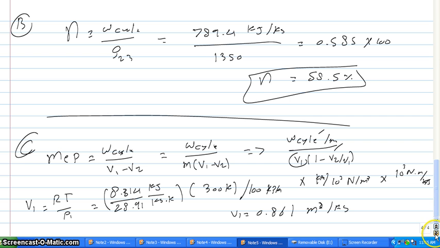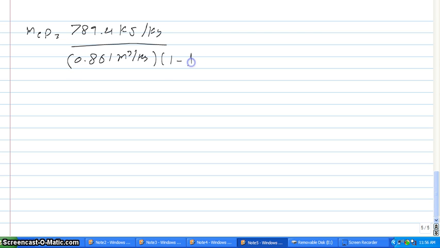Now we plug all the knowns into the equation of the mean effective pressure, which is MEP equal to 789.4 kilojoule per kilogram over 0.861 meter cubed per kilogram, multiplied by 1 minus 1 over 9, multiplied by 10 to the power of 3 newton-meter per kilojoule, as I did before, just trying to cancel out the units to make it kilopascal.